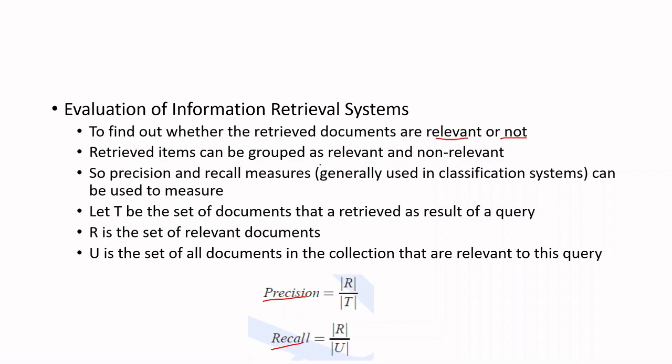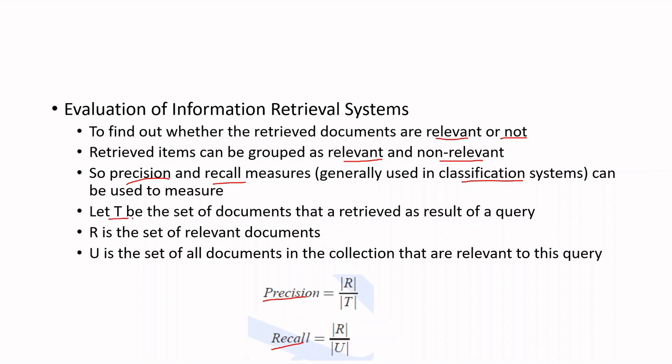Retrieved items can be classified into relevant and non-relevant, so we can use precision and recall, which are generally used in classification systems or machine learning systems, to measure whether our system is working correctly.